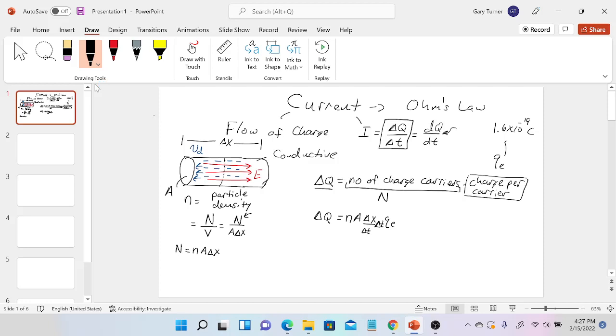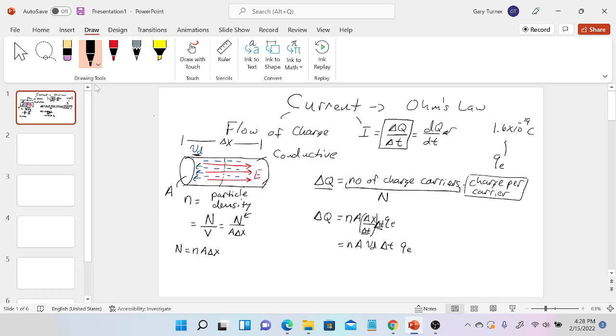Then what I have is n times a, and delta x over t is the drift velocity, or the speed that the electrons are moving through the wire with, times delta t. And so essentially what I'm doing is multiplying by 1, right? I'm just multiplying by delta t over delta t and then rearranging where the denominator goes.